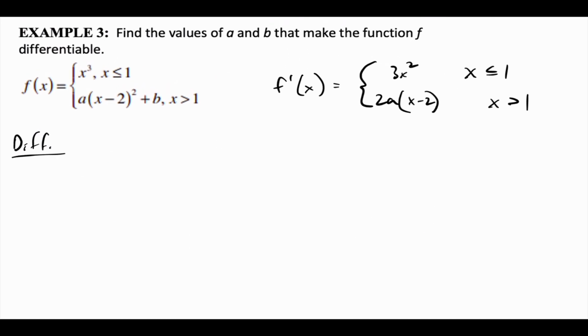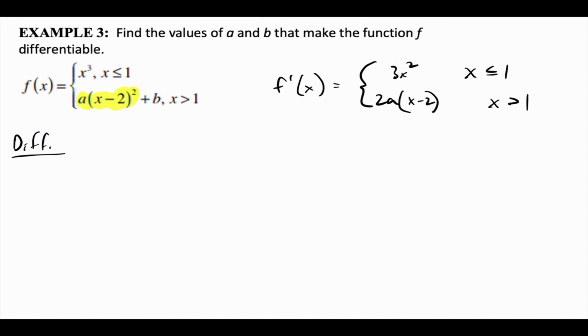So it's differentiable. The derivative for x cubed is 3x squared. The derivative for this guy here, remember, a and b are numbers. A and b are values. They're not variables. So for this guy here in yellow, I'm going to use the chain rule.